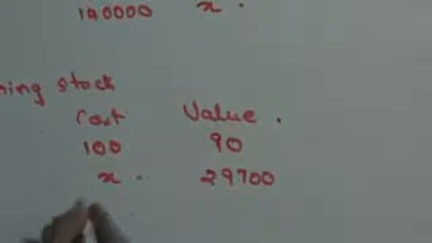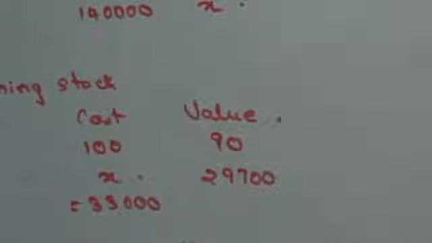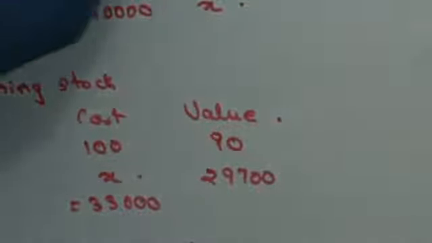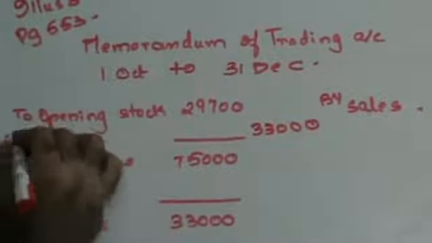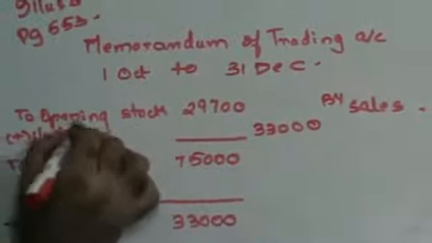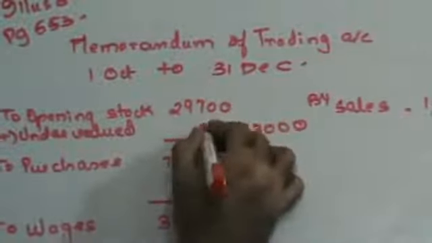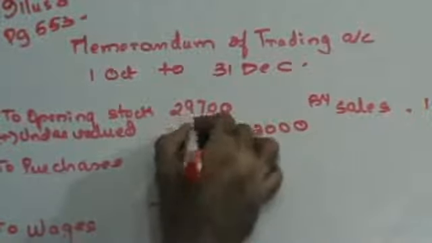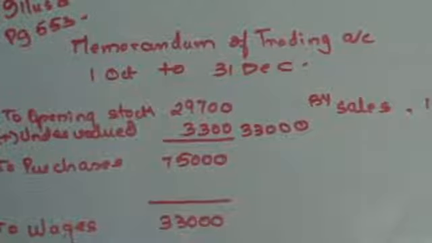Cost is going to work out to be 33,000. How did I get 33,000? 29,700 into 100 divided by 90. So that is going to give me 33,000. So add undervalued. It has been undervalued by 3,300.